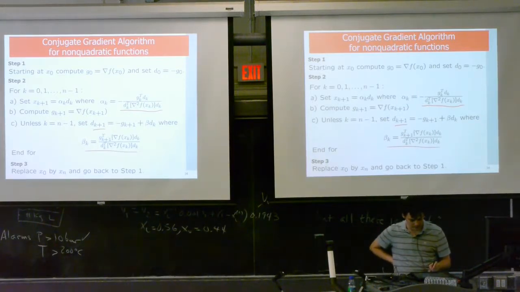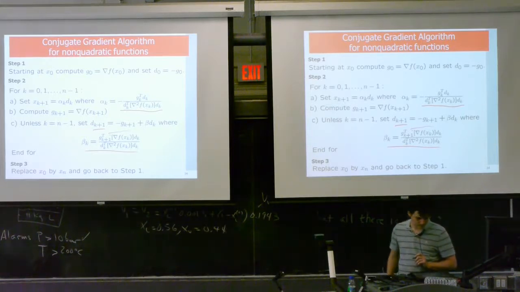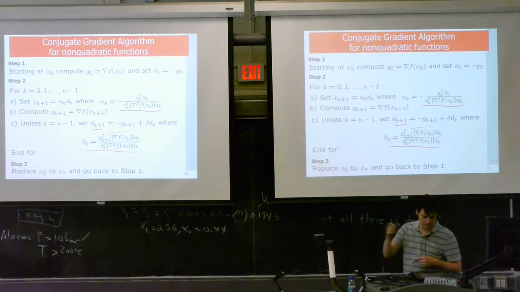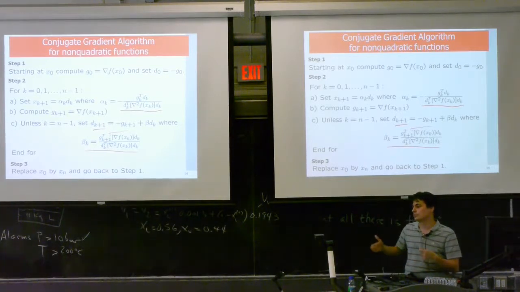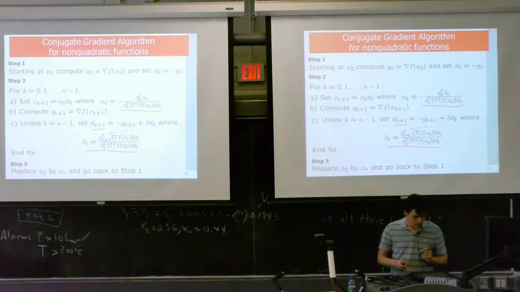The only difference is that we replace q with the Hessian, and this is the derivative at xk. You do this for n steps, and after n steps, you restart the process and construct new gradients.